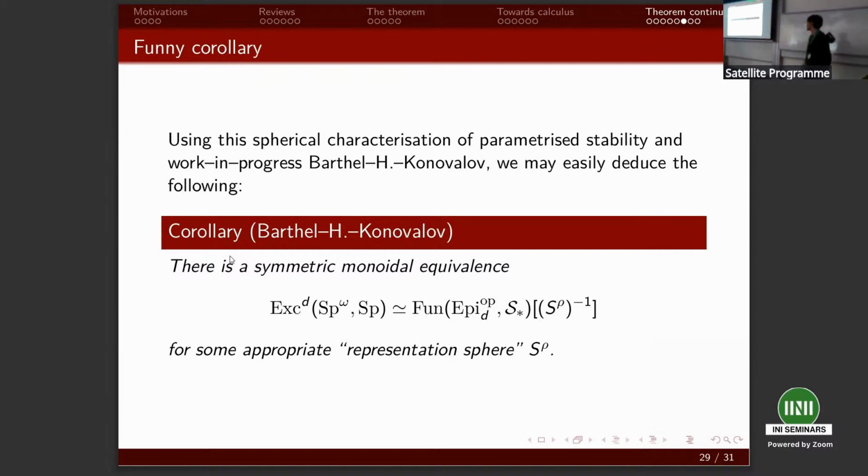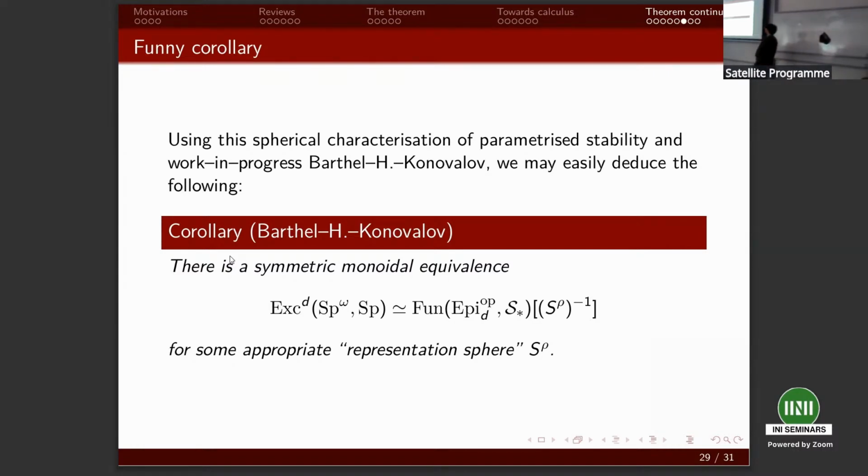And these maps, I hope you can guess, are coming from the appropriate parametrized suspension. And the reason I find this funny is because you're using parametrized calculus to prove something about ordinary calculus.